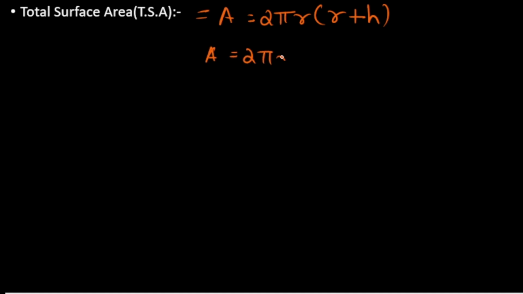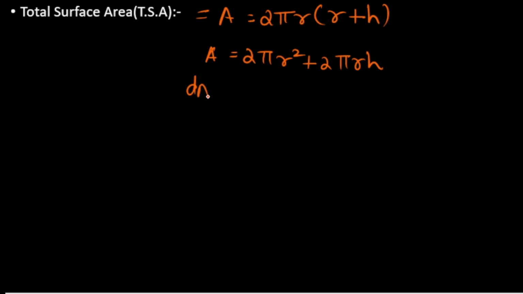Now total surface area is equal to 2 pi r into (r plus h). So now solving, area is equal to 2 pi r square plus 2 pi r h. We multiplied this.